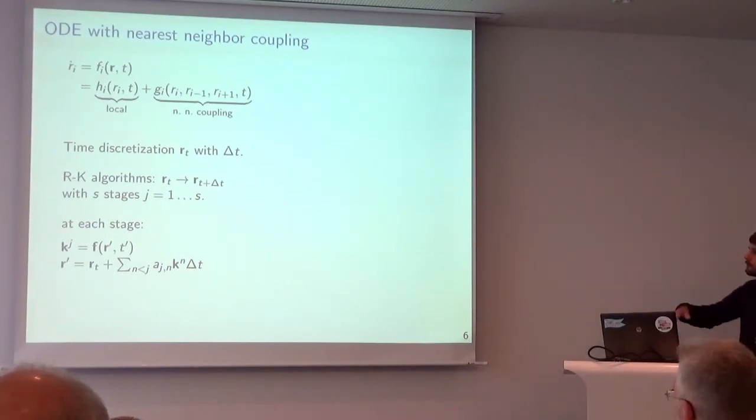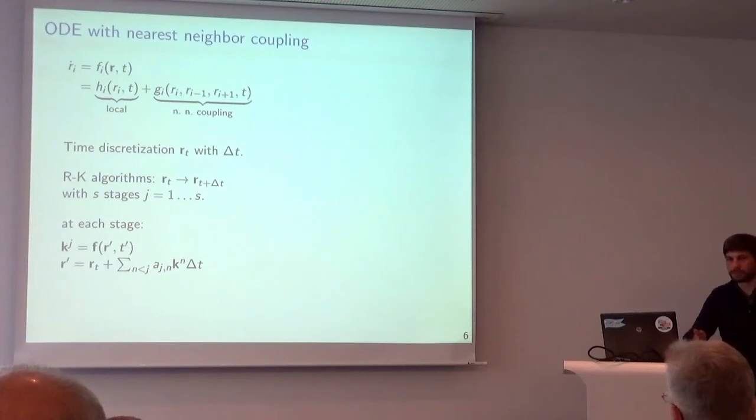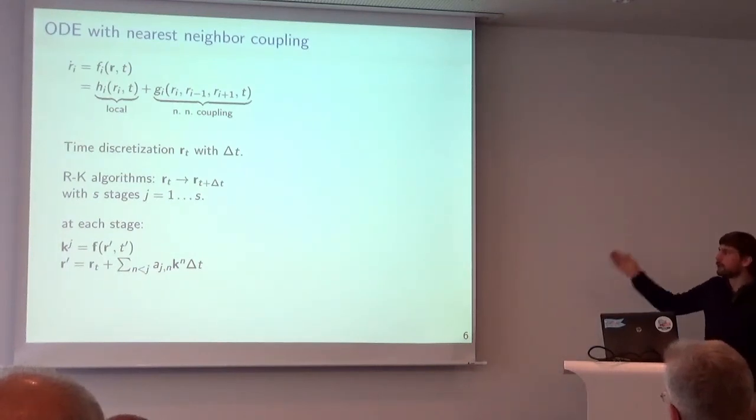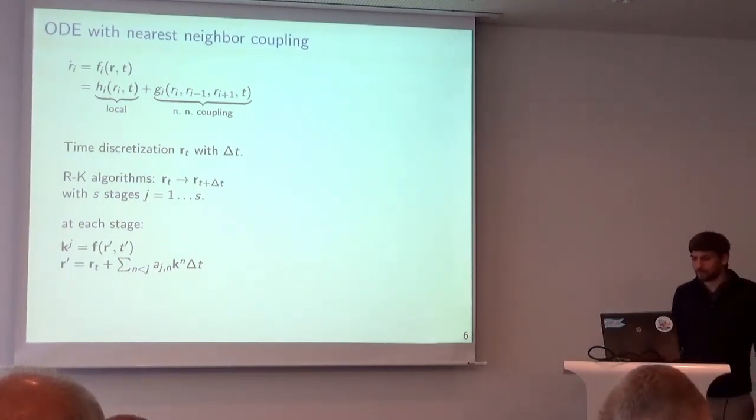Within this computation, it actually consists of several stages. It computes one intermediate value, from there it computes another intermediate value. In total, depending on which method you choose, you have some number S of intermediate values, and those give you, in the end, the final approximation for the next point in time.